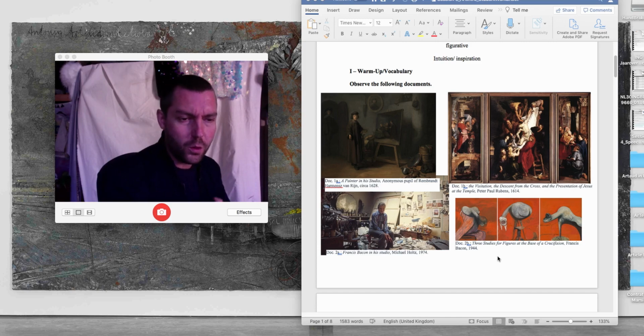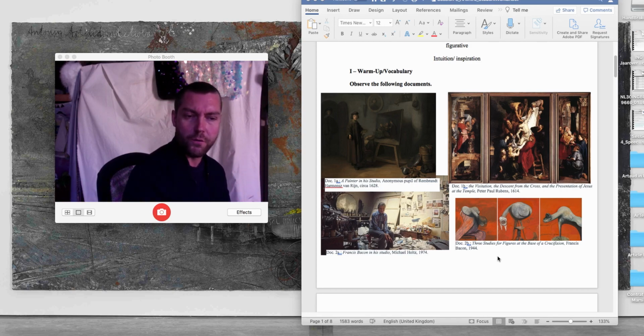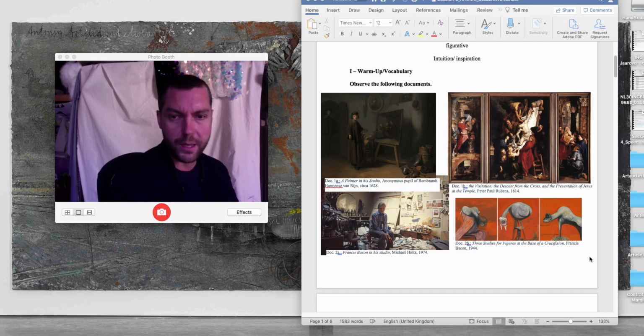The forms are almost animal-like, without eyes as well, so almost screaming and almost being blinded by the horrific scene of Christ dying, and very much being portraits almost of them. And here we have this notion of the study, so three studies, a repetition of a study of something, which is something that Bacon did.